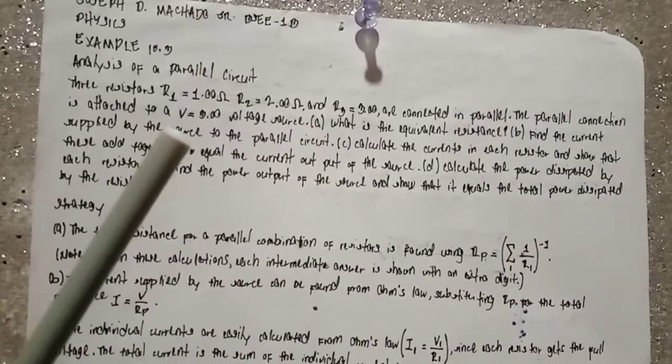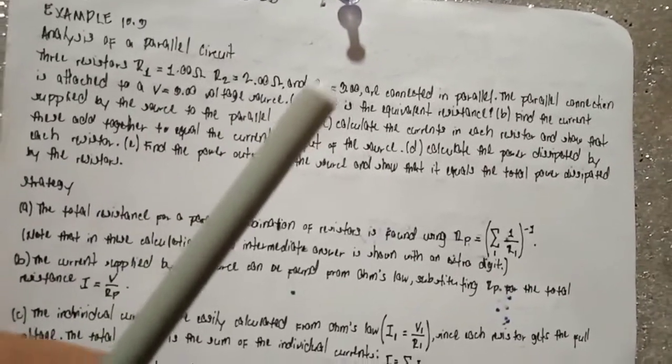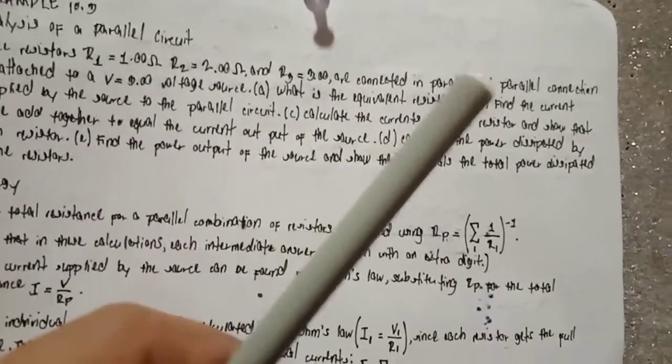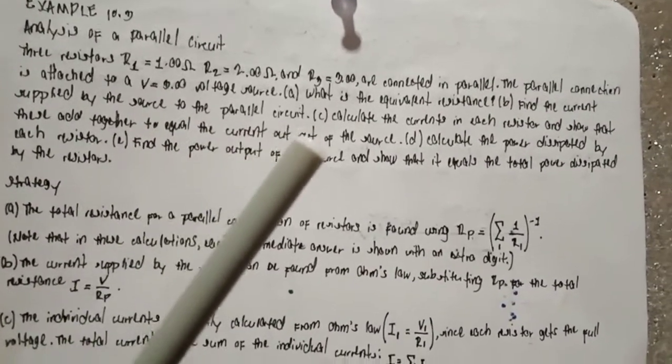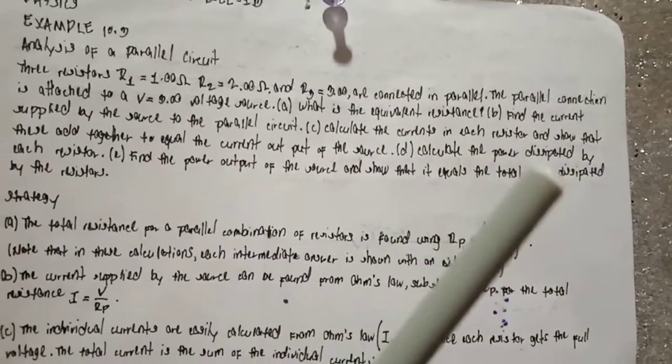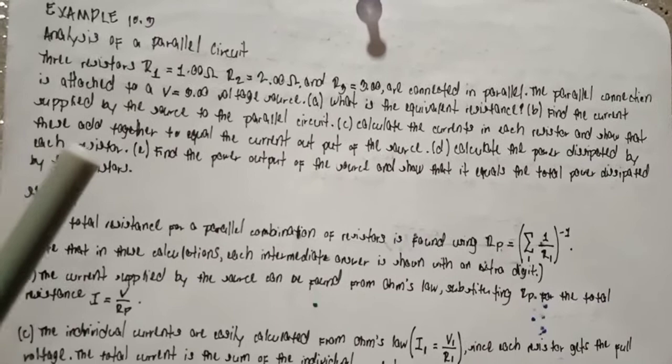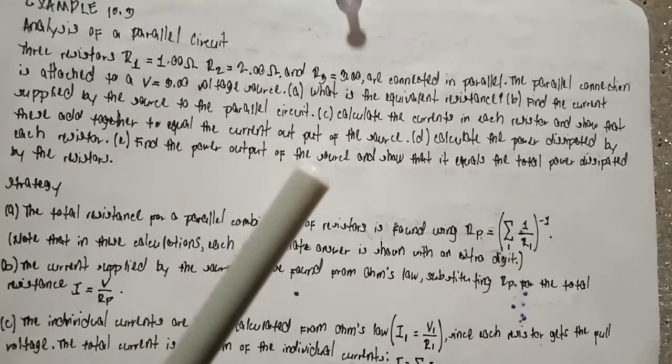The parallel connection is attached to a V is equal to 3 volt source. A. What is the equivalent resistance? B. Find the current supplied by the source to the parallel circuit. C. Calculate the currents in each resistor and show that these add together to equal the current output of the source.